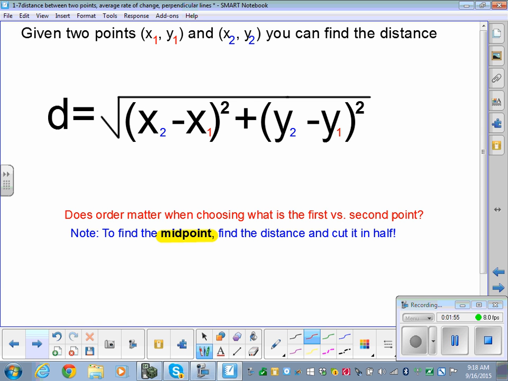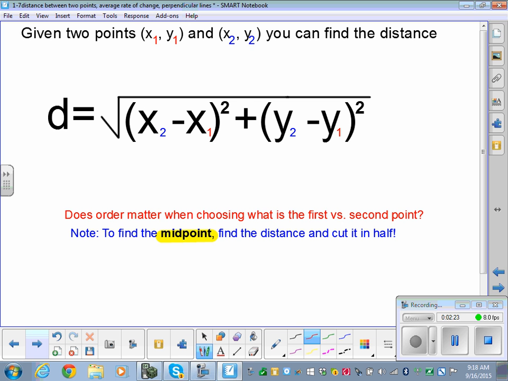Distance is equal to the square root of (x2 minus x1) all squared plus (y2 minus y1) all squared. Once you've subtracted these 2 things and squared it, and subtracted these 2 things and squared it, you add them up and combine them, and then you simplify the root, just as we've been practicing.